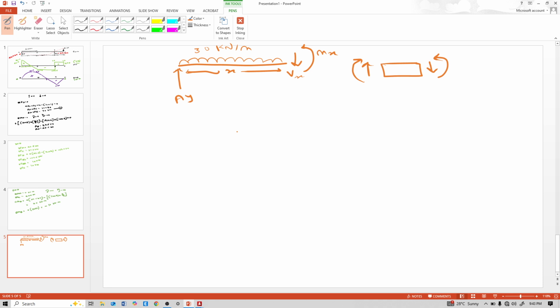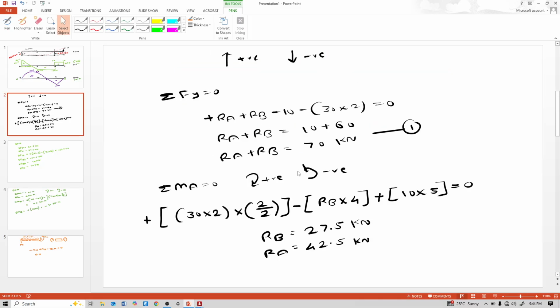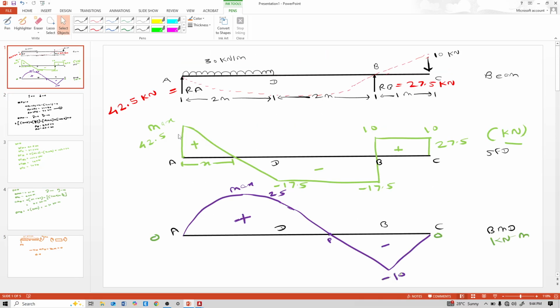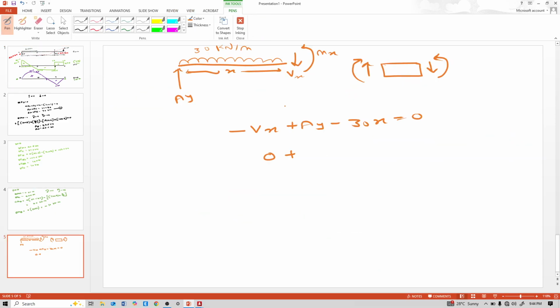So minus Vx positive Ay minus 30 into x equal to 0, and this shear is 0. Vx is 0 plus Ay, that means this RA reaction, 42.5, minus 30x equal to 0. So 42.5 equal to 30x.